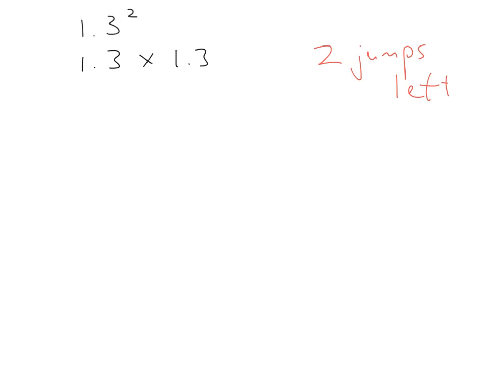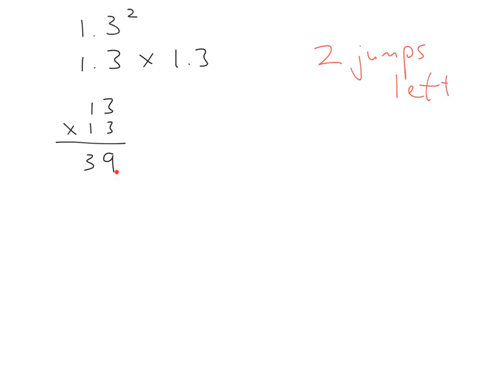Again, we ignore the decimal for the time being, and we go ahead and multiply these numbers as if they were whole numbers. So basically 13 multiplied by 13. So we'll go ahead and do that. 3 times 3 is 9. 3 multiplied by 1 is 3.